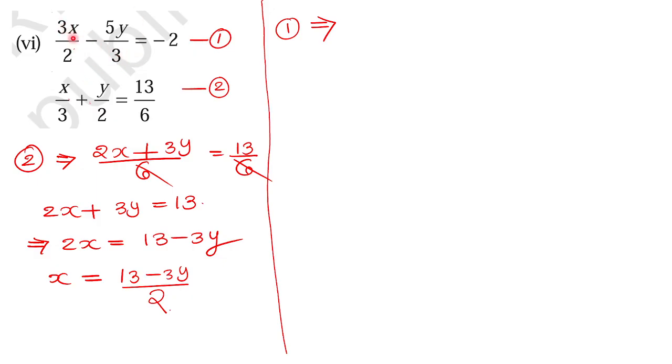3x into 3, 9x. Minus 2 into 5y, 10y, divided by 2 into 3, 6, is equal to minus 2.